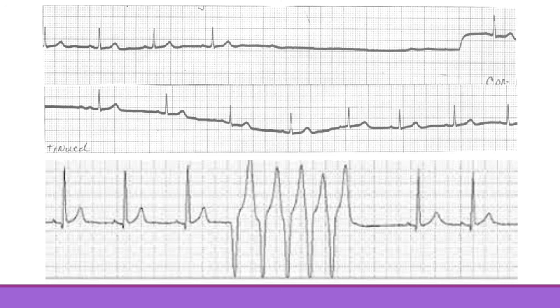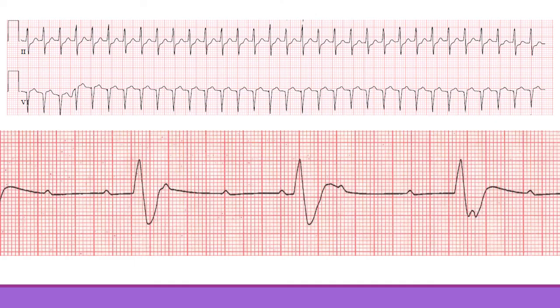The one down on the bottom has a fairly normal heartbeat, but then suddenly has 4 premature ventricular contractions in a row, 4 PVCs, and actually we'll call it 5 PVCs. We'll call it a run of VTAC. Again, that can cause a syncopal episode.